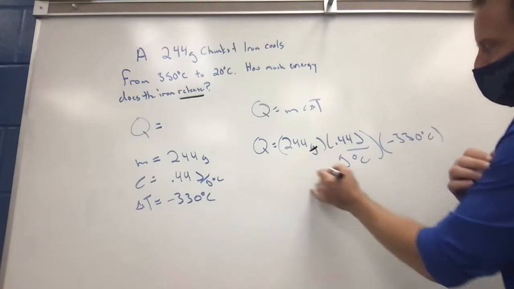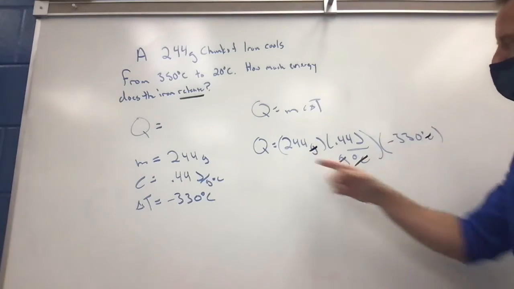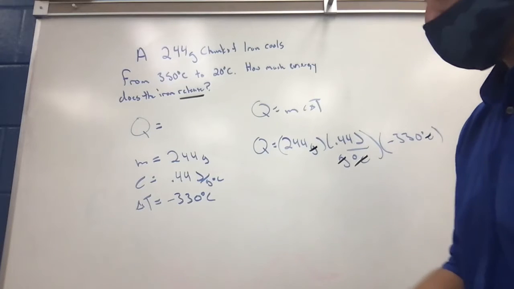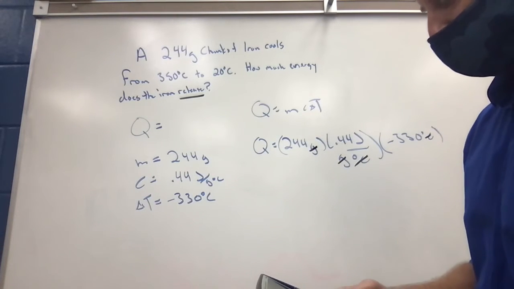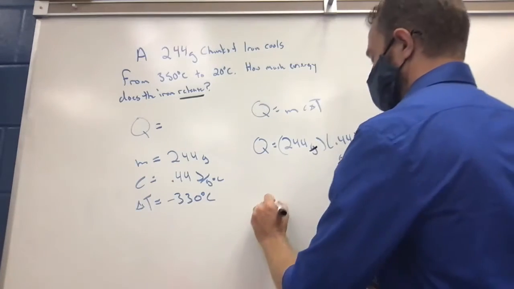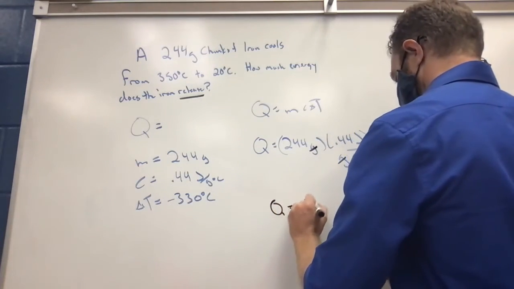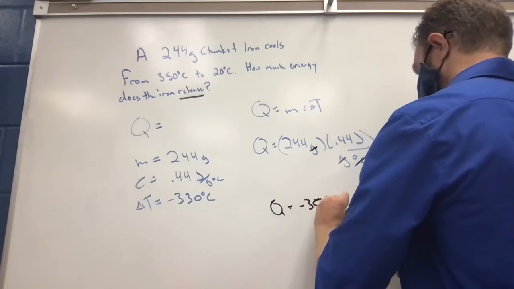So I cancel my grams, I cancel my degrees Celsius, and I just multiply those three values. So we say 244 times 0.44 times negative 330. And so my Q is negative 35,428.